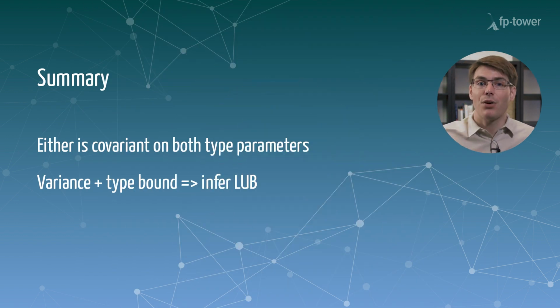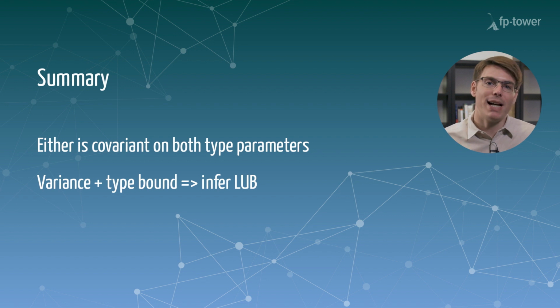Finally, we studied Either, which is covariant in both type parameters. We saw that this covariance is crucial for informing the compiler about the subtyping relationship between errors, which means that Scala can safely upcast values when necessary.